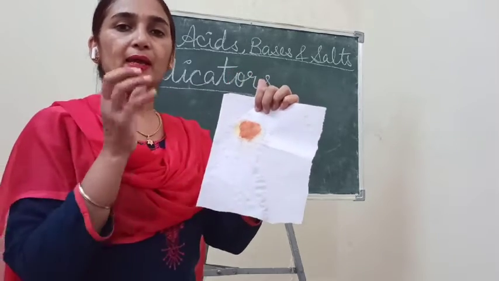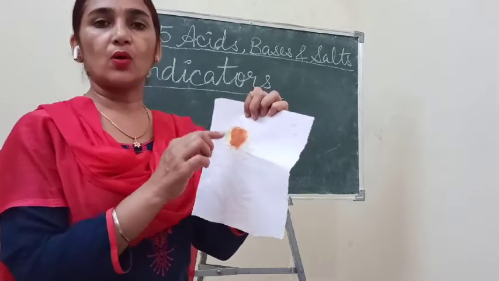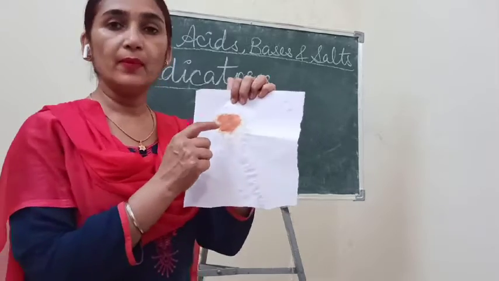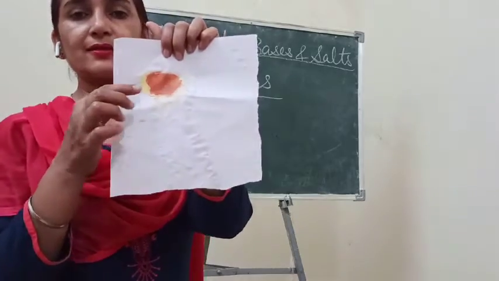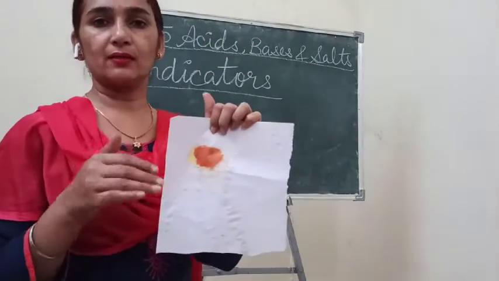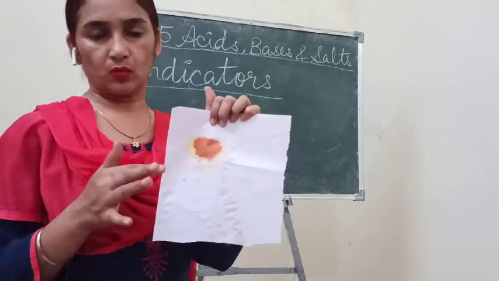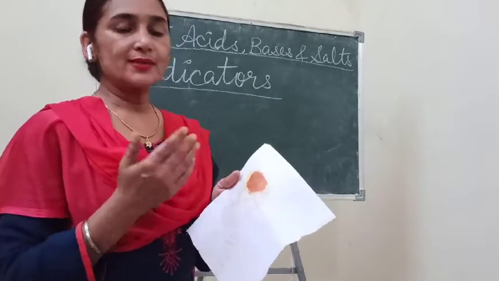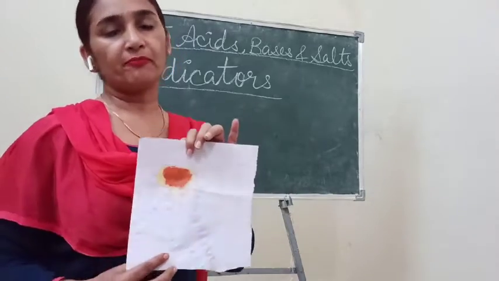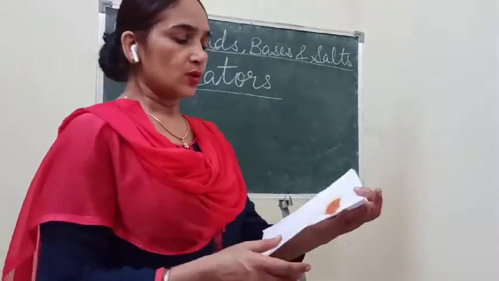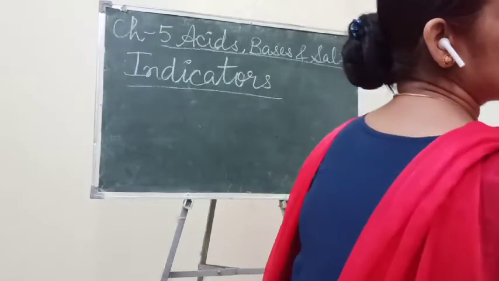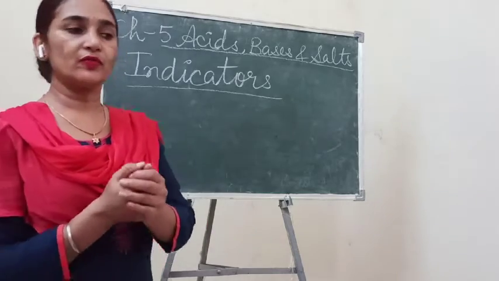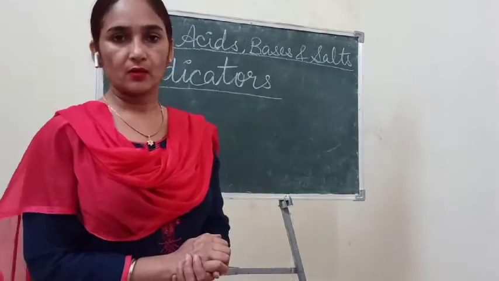When we apply any kind of base on turmeric, it gives reddish brown, or you can say dark brown, color. In this way you can do this activity with a white piece of cloth also. That's why we call it a natural indicator, because with the help of turmeric we can check the presence of a base.